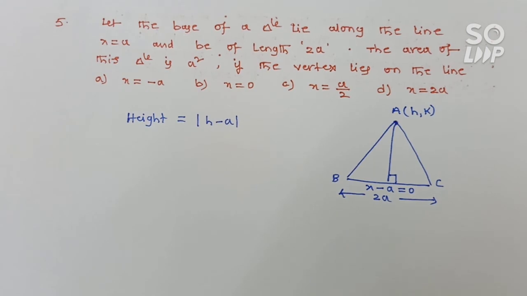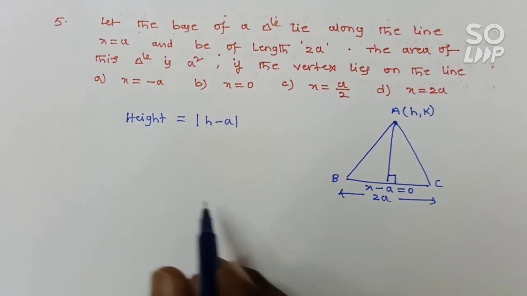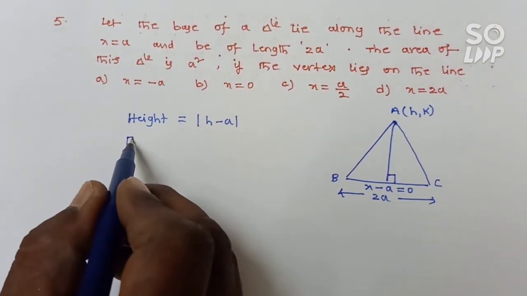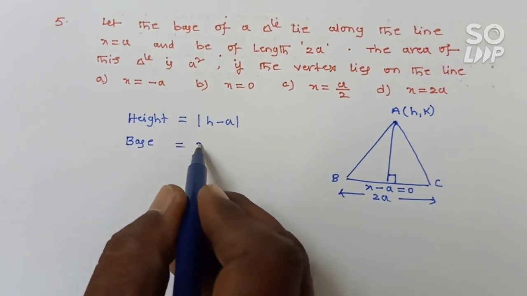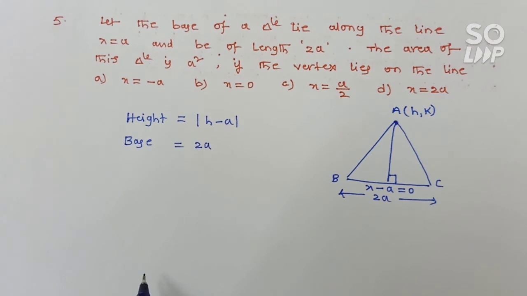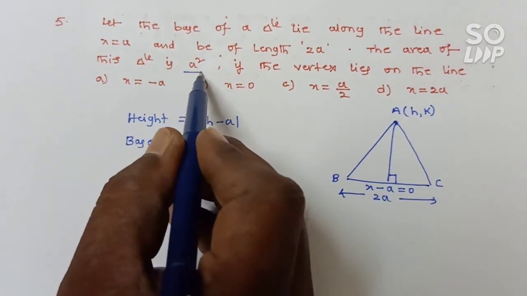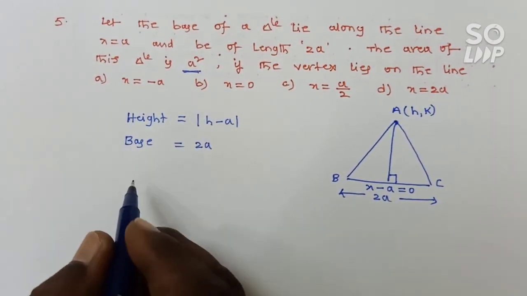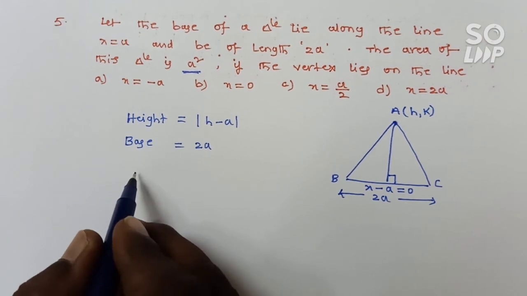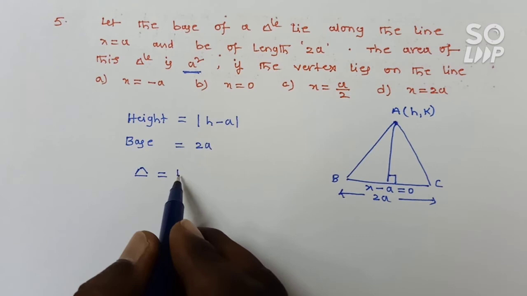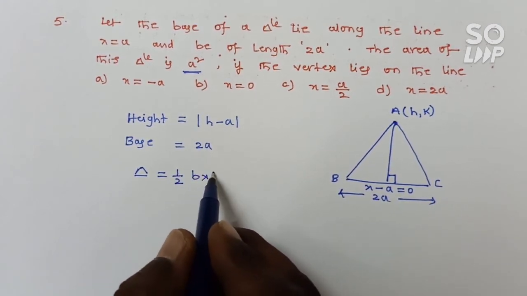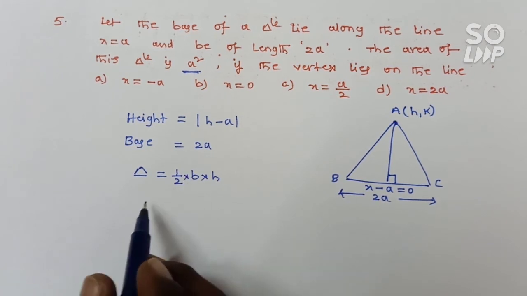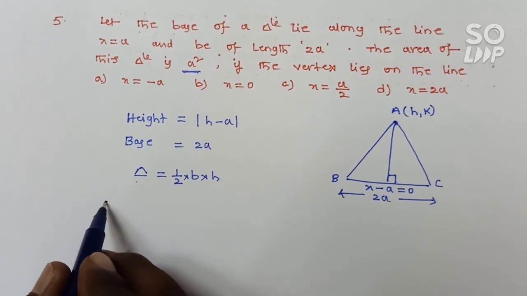The base is 2a, and the area of the triangle is given as a square. So area delta equals half into base into height.